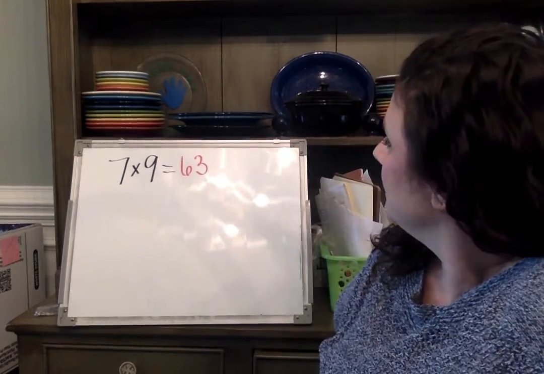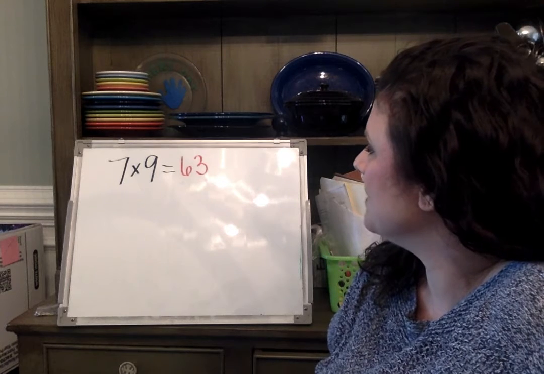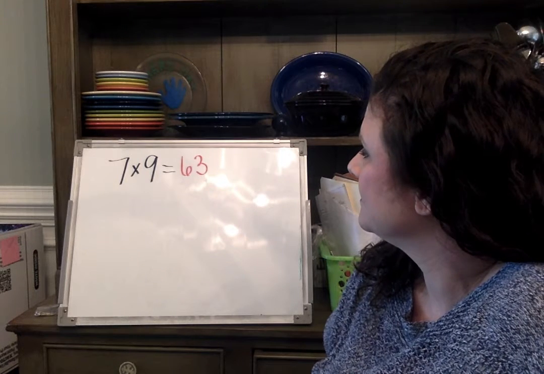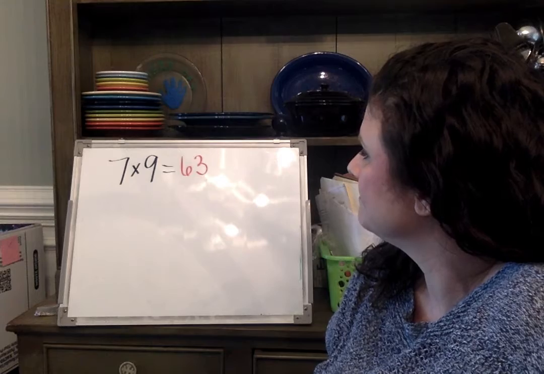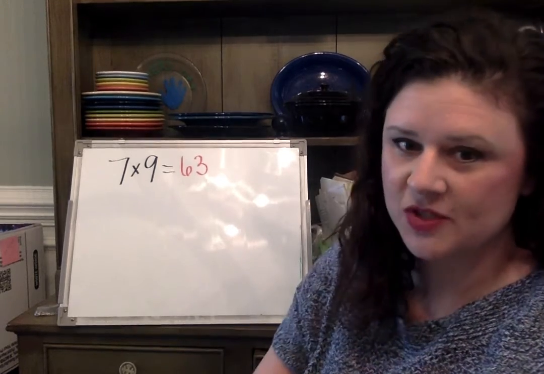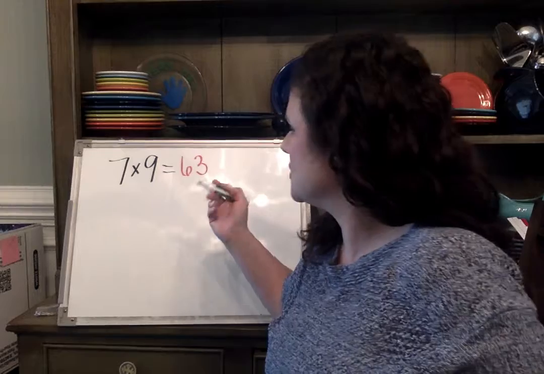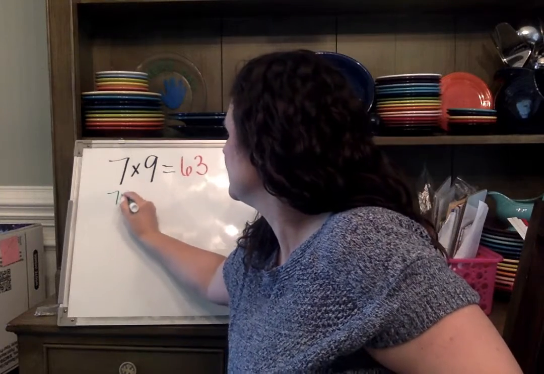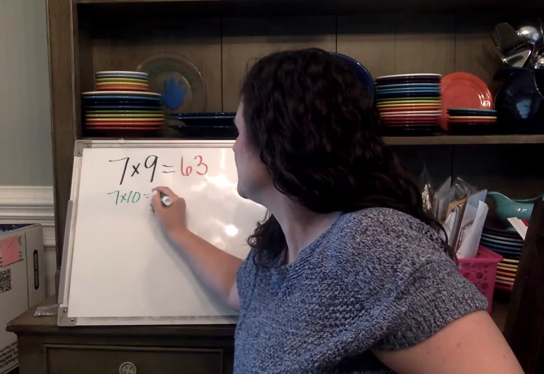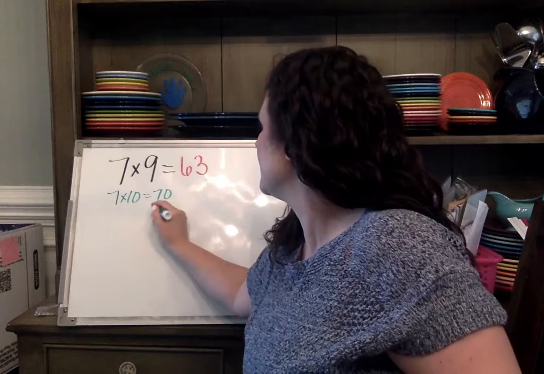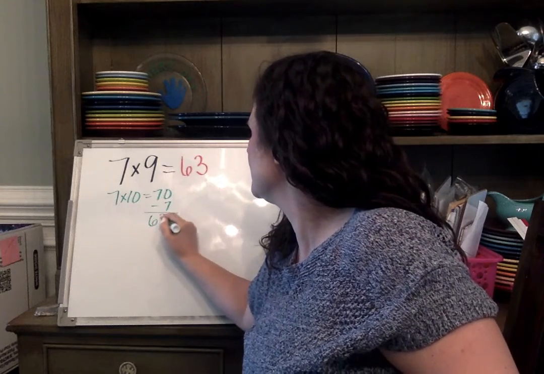Okay, what strategy would be best here? I think, personally, the strategy of 7 times 10 equals 70. Take away that 7 and you get 63.